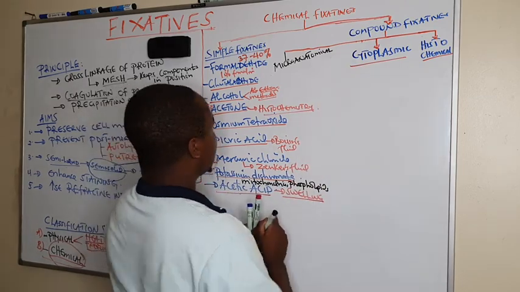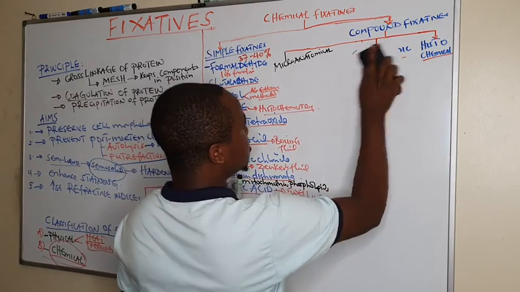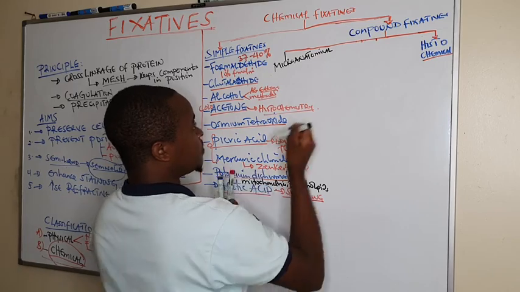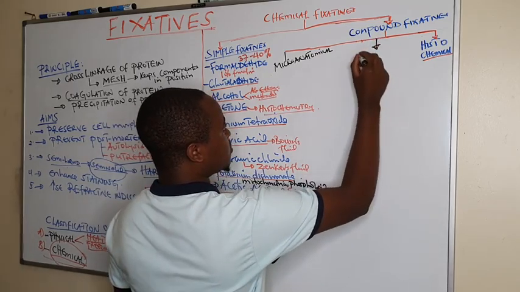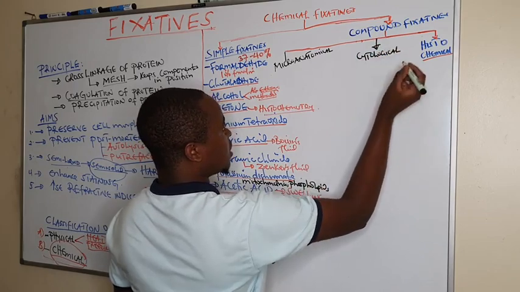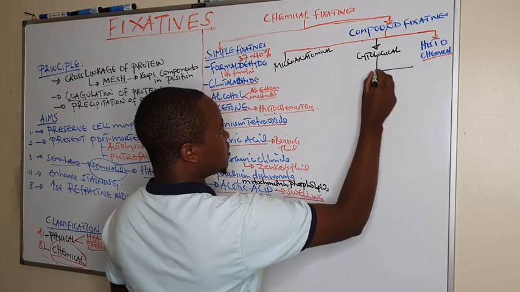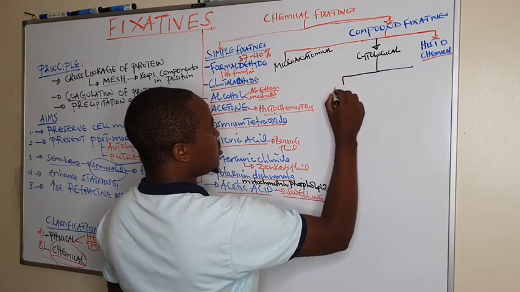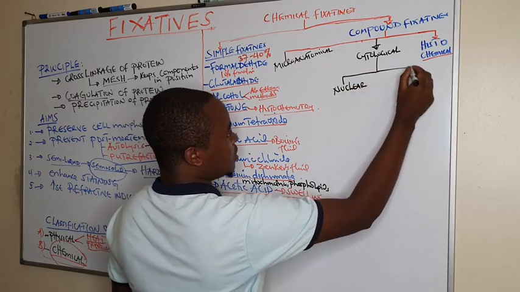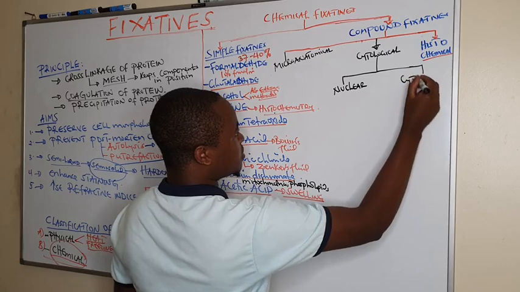Then here we shall have what we call cytological. And under cytological, that's where we find nuclear and cytoplasmic.